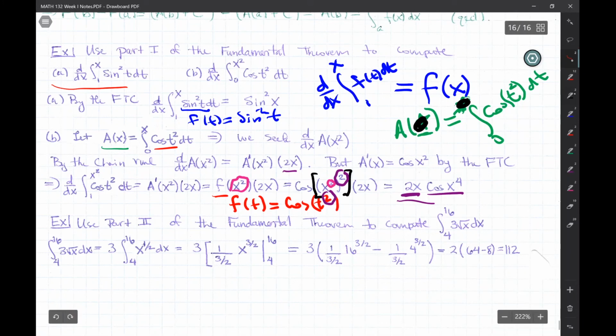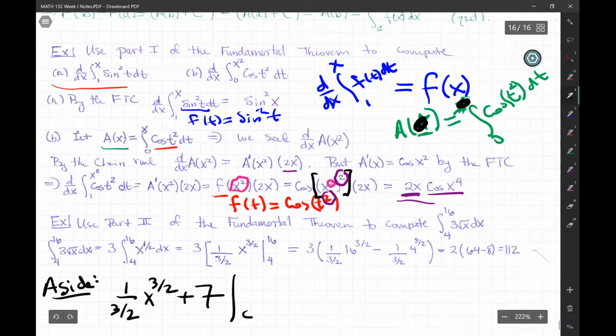Now, one might ask, well, you chose a particular antiderivative. What if you decided to choose another antiderivative? So let's choose 1 over 3/2 x to the 3/2 plus 7, for example. Let's evaluate that at 4 and 16.